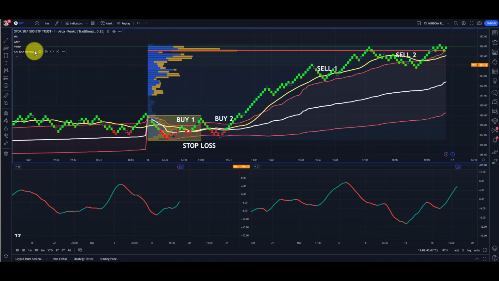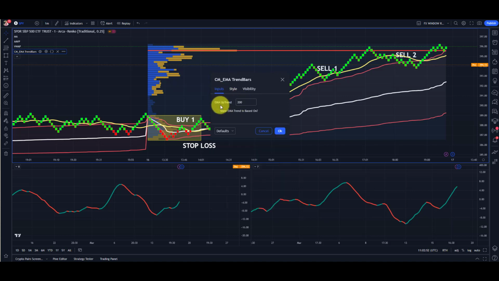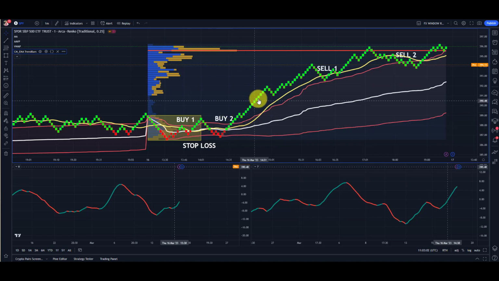Add that, and if you see the variables behind that, you can see that it smooths out the trend. So it's now highlighting the strength of that trend over the blocks, and just set the EMA uptrend to 200. So it's going to look at the last 200 blocks and then work out the colour of the trend on that, and then that will be our blocks set up.